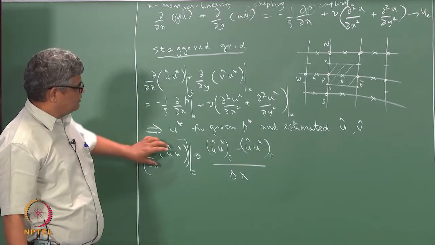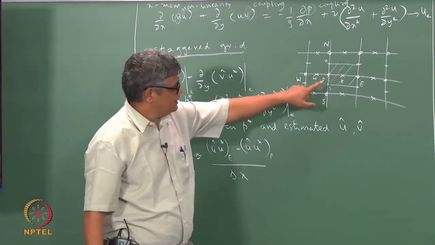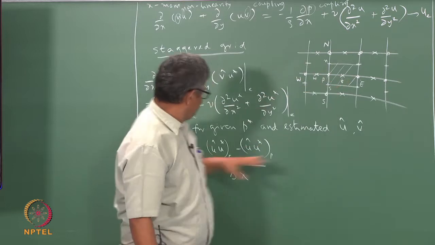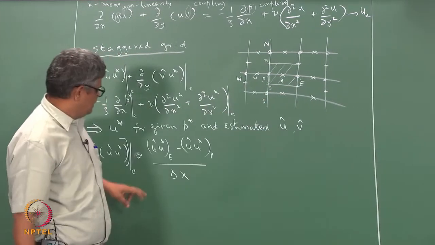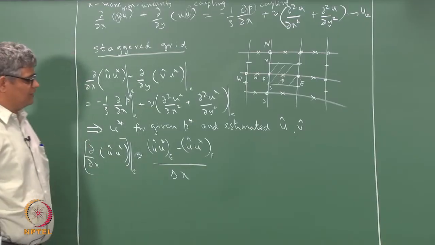So ∂/∂x of this quantity at small e is the value of this at capital E minus the value of this at capital P divided by delta x. This is an approximation here.